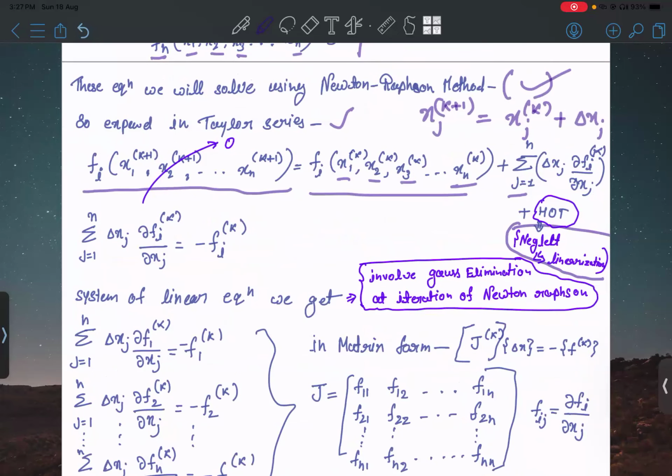And I am assuming that at the (k+1)th iteration my function will go to 0, means I will get the actual value. That's why I have put this at 0.